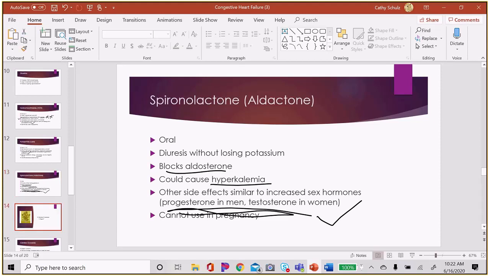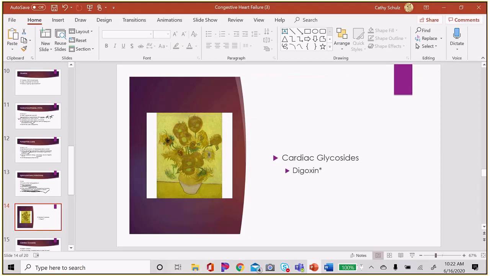So those are our mainstays of diuretics. People usually pick furosemide, but you can use the other two. So we had antihypertensives to bring the afterload down. We use diuretics to bring the preload down, and then we can use digoxin to increase the strength of muscle contraction.